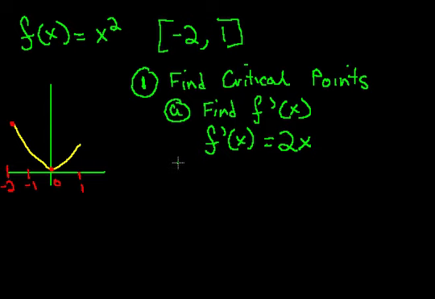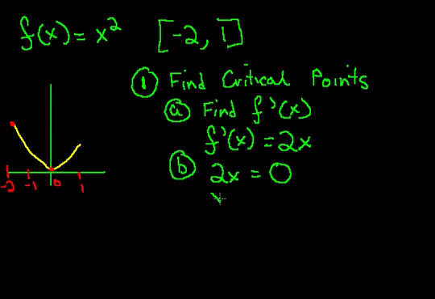So now that we know the derivative, step B, within finding critical points, is to set our f prime of x equal to 0, because the derivative function gives you the slope, and the slope is going to be 0 at every critical point, because the critical point is just where the function changes from going in one direction to going in another direction.